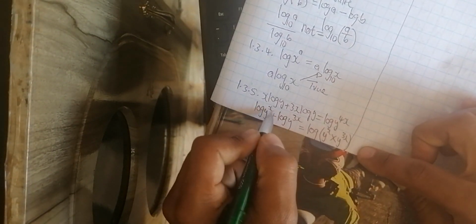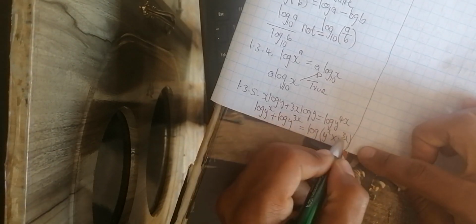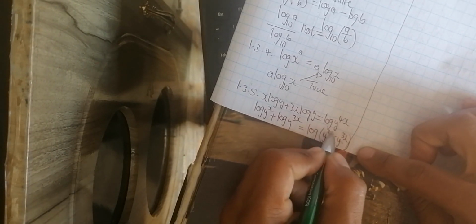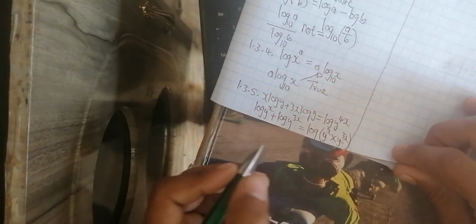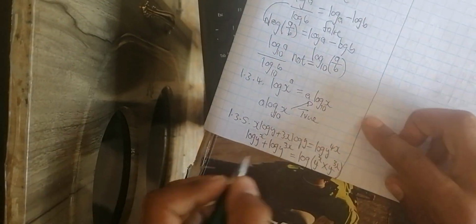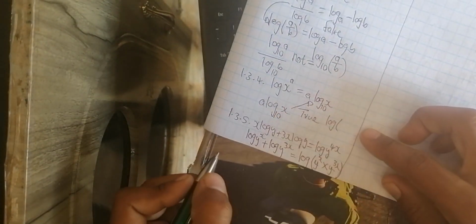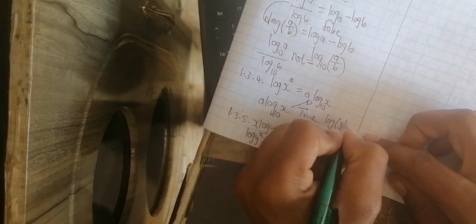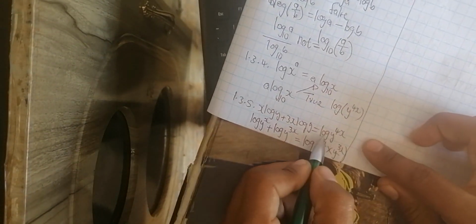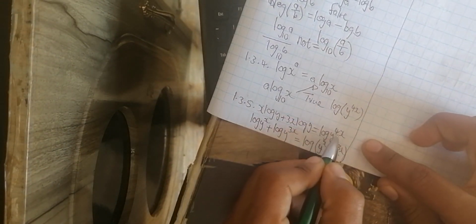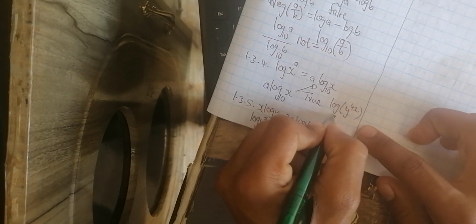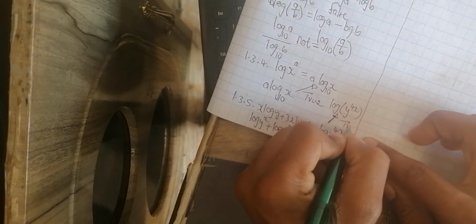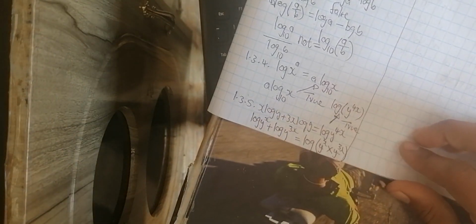So you're saying y to the x multiplied by y to the exponent of 3x. And you should know that when you multiply, you must be able to add the exponents. So let me just do it right here, so that we can have log, and then here when I multiply I add. x plus 3x is 4x. And do they have that? Log y to the 4x. Yes, this is exactly the same as that. So 1.3.5 is true also. I think this is very clear to you guys.